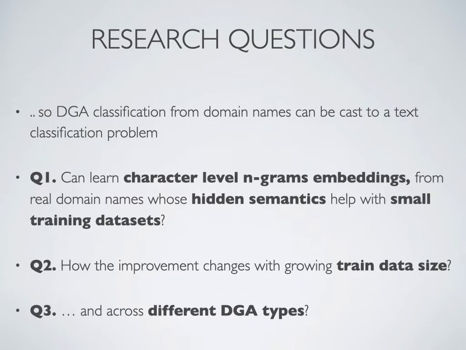And are the hidden semantics encoded in these embeddings useful to improve the performance of the deep learning models when small training datasets are present? And two secondary questions are, if there is an improvement, how does this change with the growing size of the training data or across the different DGA types that we have?